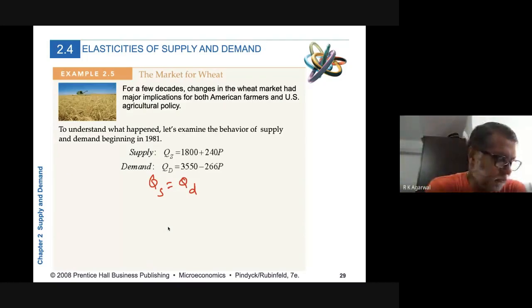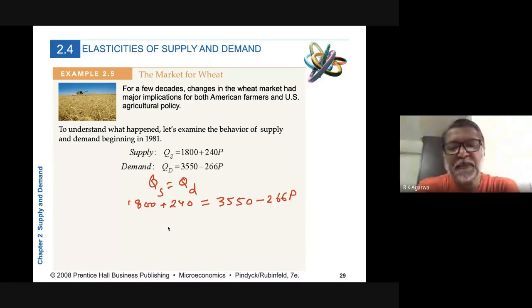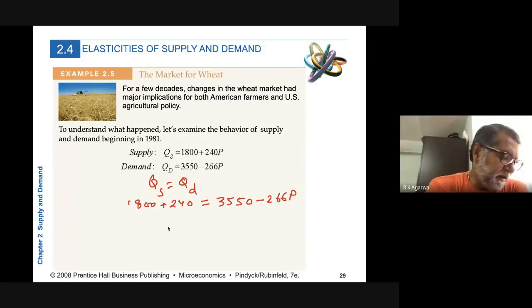So 1800 plus 240p must be set equal to 3550 minus 266p. Correct?